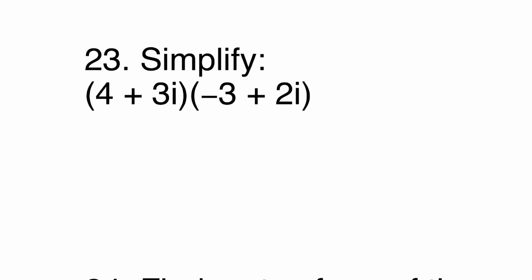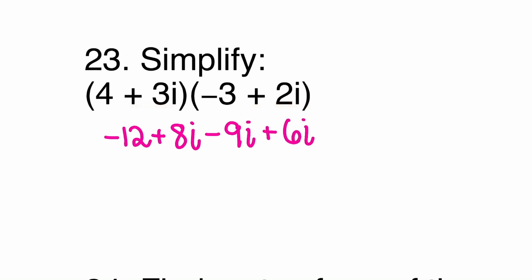Number 23, simplify 4 plus 3i times the quantity negative 3 plus 2i. We're going to FOIL this. So we'll have 4 times negative 3, that's negative 12. 4 times 2i, that's going to be 8i. 3i times negative 3, that's going to be negative 9i. And lastly, 3i times 2i, and that's going to be 6i squared.